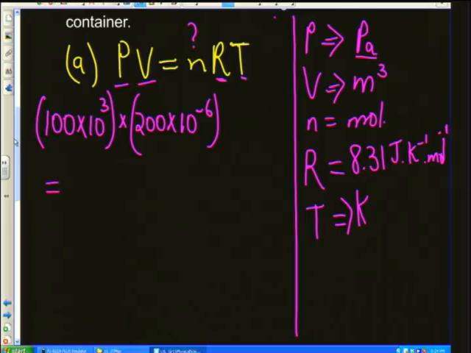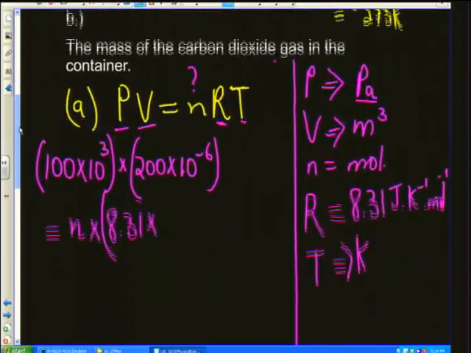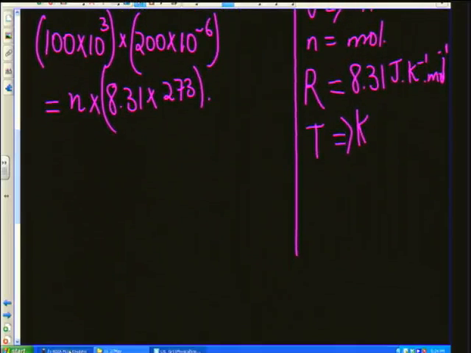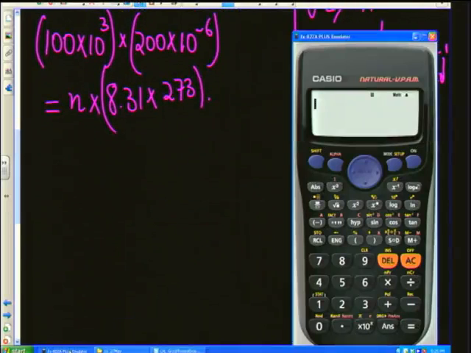This must be equal to my n, which is what I'm looking for. R is 8.31. What is my temperature? Times the temperature, which is, if the temperature is 0 degrees Celsius, 273 Kelvin. Okay, so let's just work it out. Where is our calculator? So I've got here 100 times 10 to the 3 times 200 by 10 to the power minus 6.